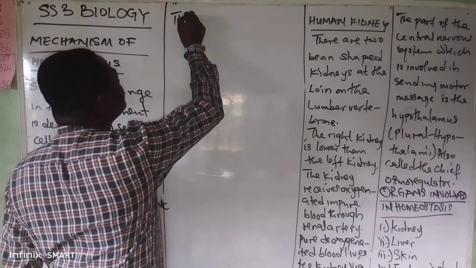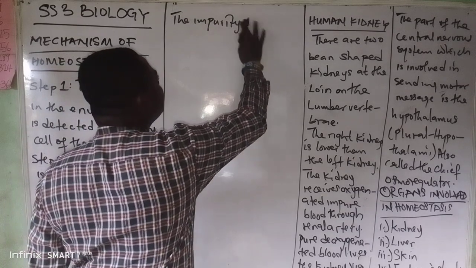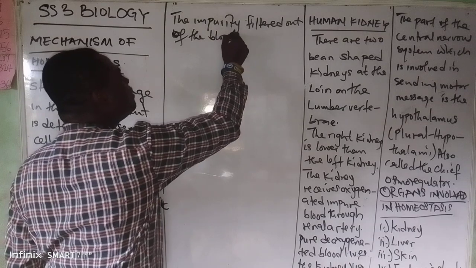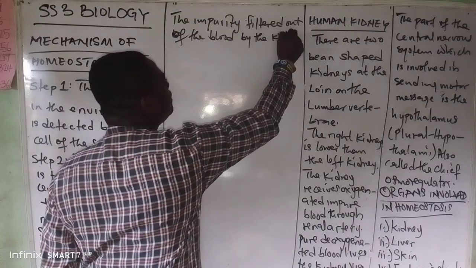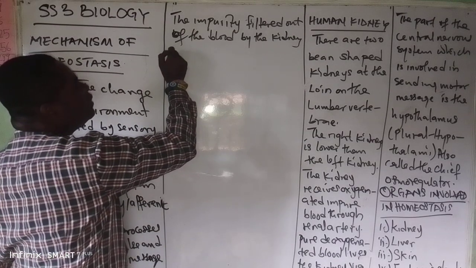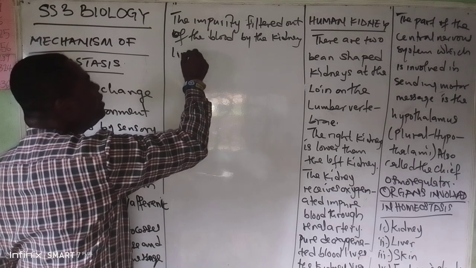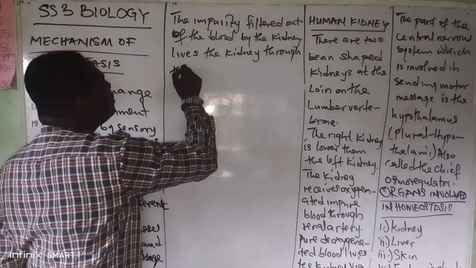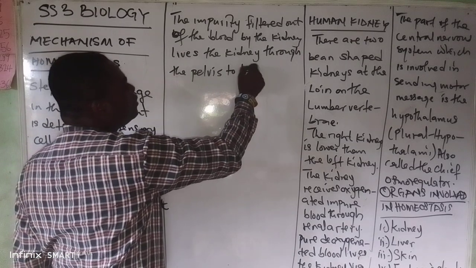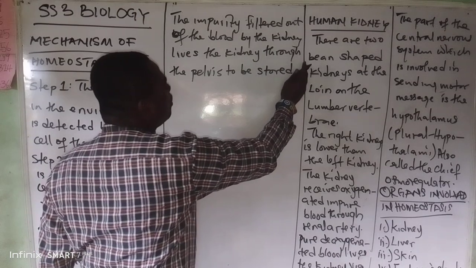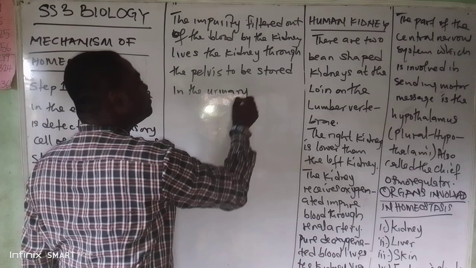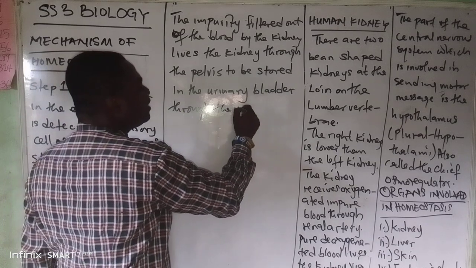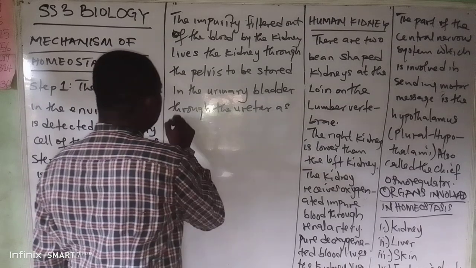Then the impurity filtered out of the blood by the kidney leaves the kidney through the pelvis, through the ureter, to be stored in the urinary bladder as urine.